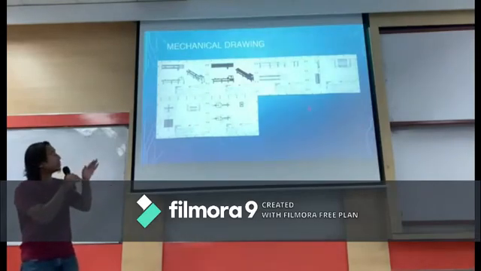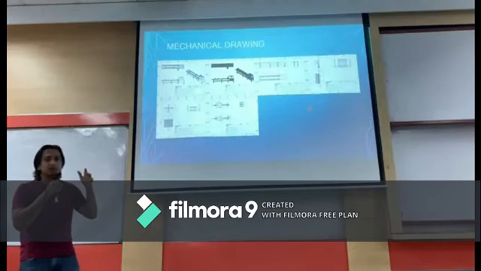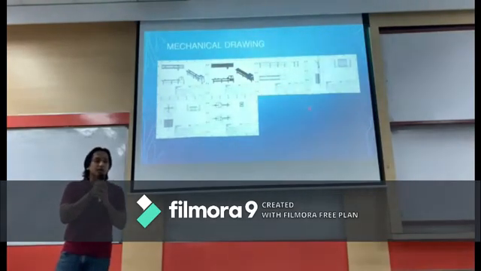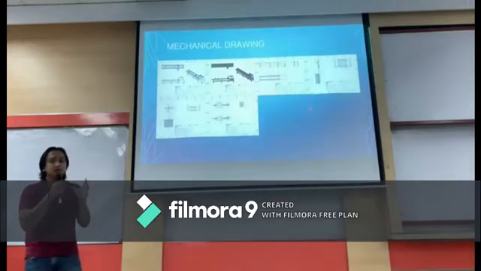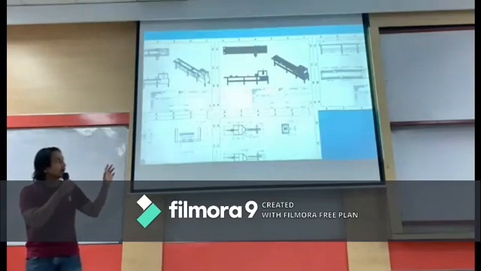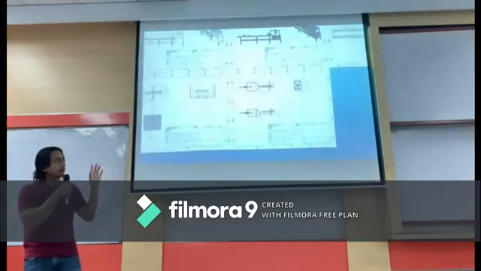The next slide is the mechanical drawing, which shows the detail of the design with the dimensions of each part. If you zoom in, you can see the diameter, the length, and the width of the parts for the design.